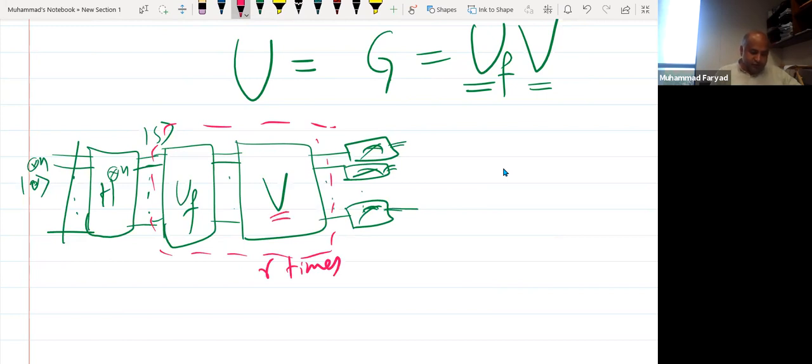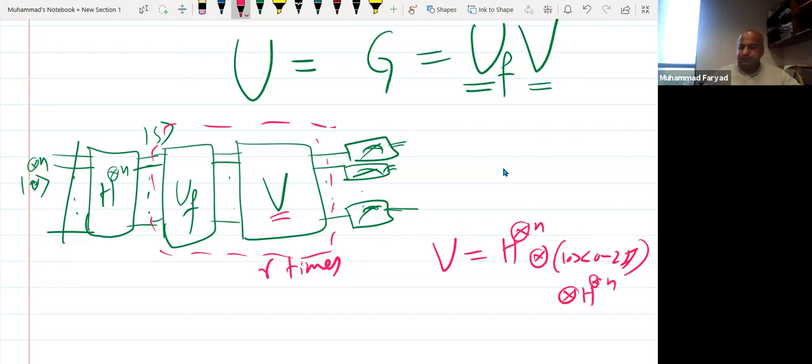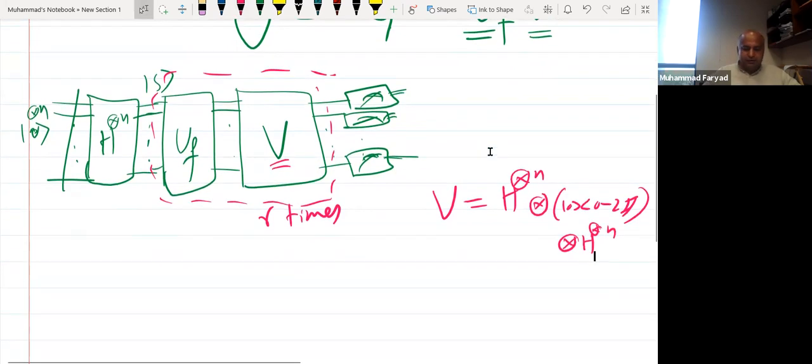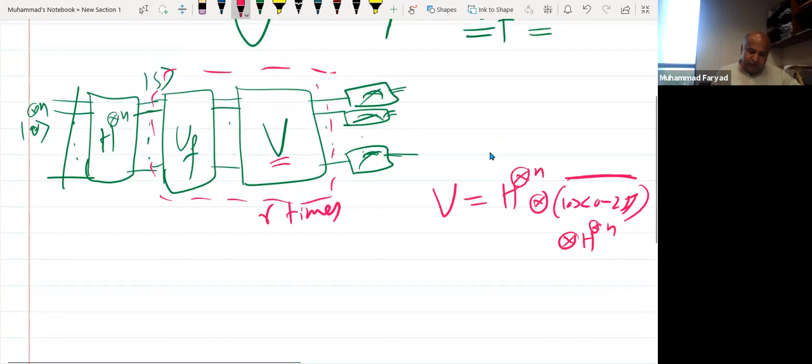And this diffuser V, if you recall, was Hadamard tensor (|0><0| minus 2I) tensor Hadamard. And this was the oracle that marked the solutions.